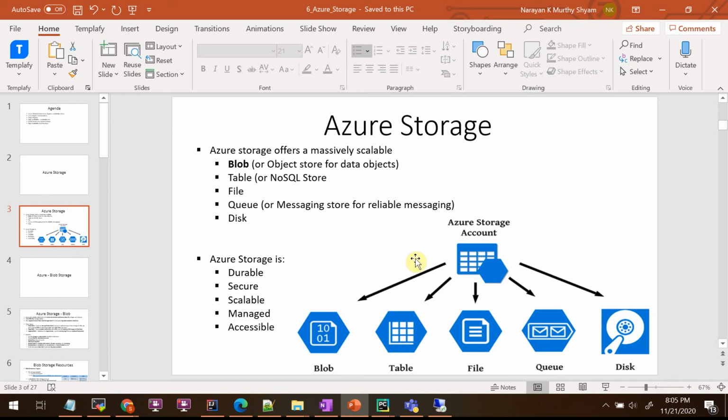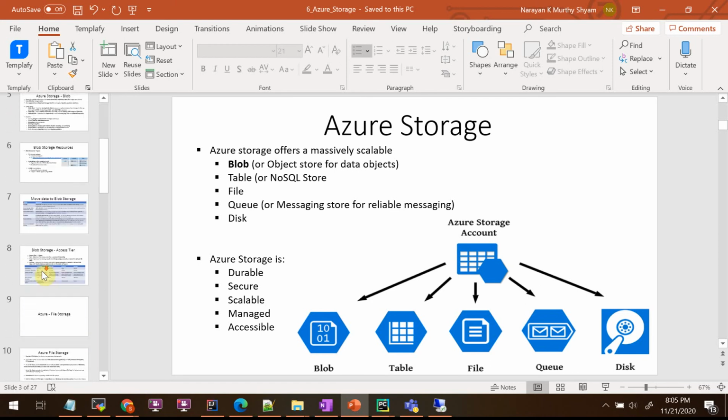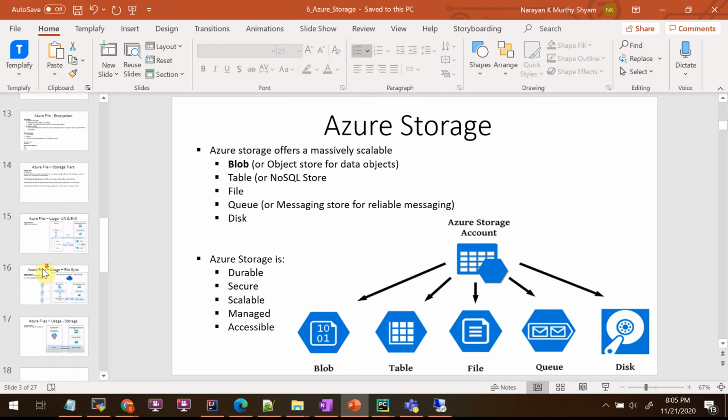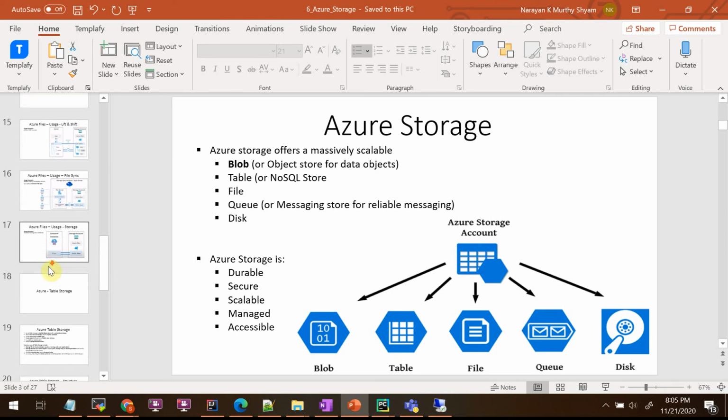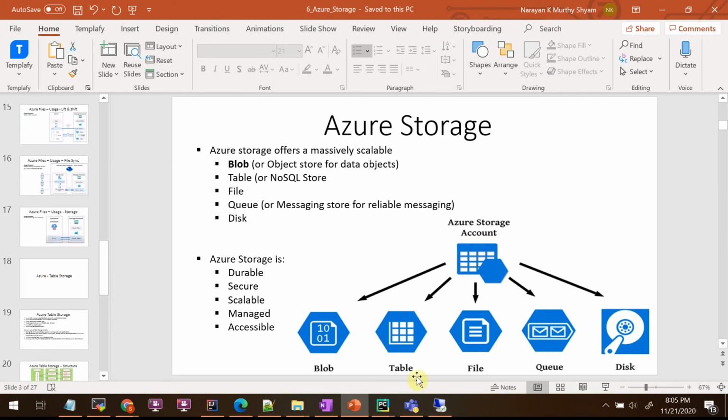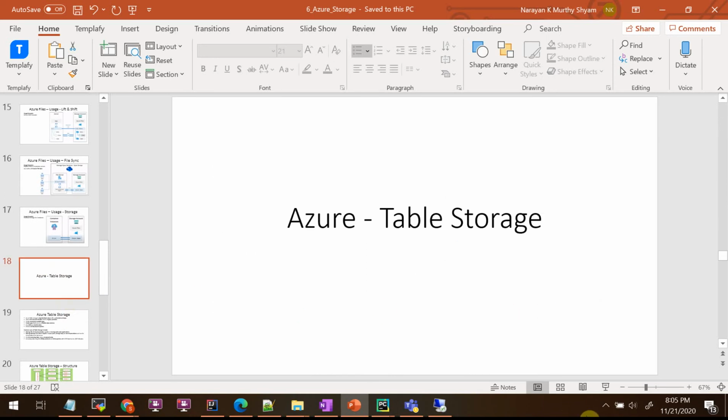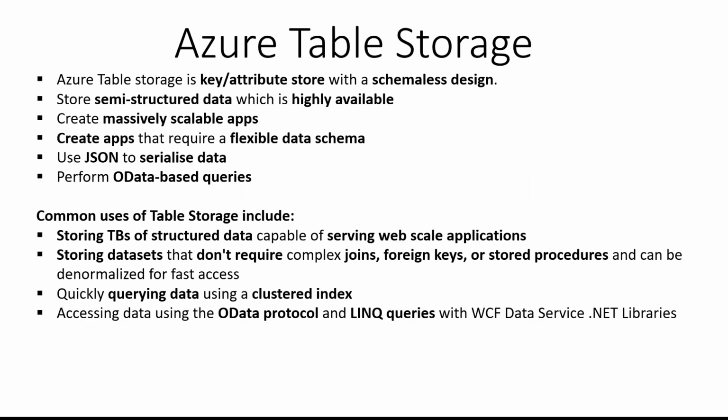It can be key value pairs, right? It's a JSON structure and key value pairs. So if the data is in that format, then you can use your NoSQL container called table storage. This was before Cosmos DB came into Azure. Talking about the initial days of Azure, Cosmos DB was not there.